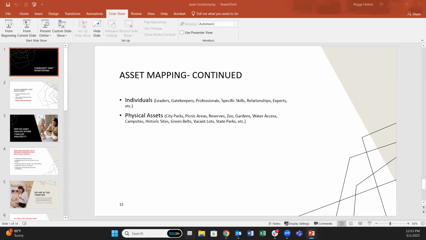But I did want you to at least be aware, if you haven't gone through community asset inventorying before, what it is, why it's helpful, why I think it works better than a gap analysis, and see if this is something that would be helpful for your community.